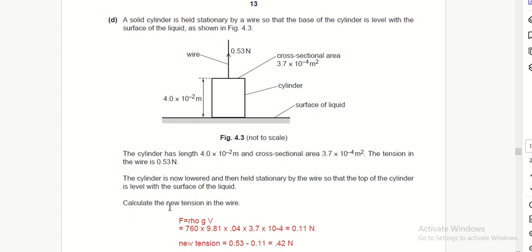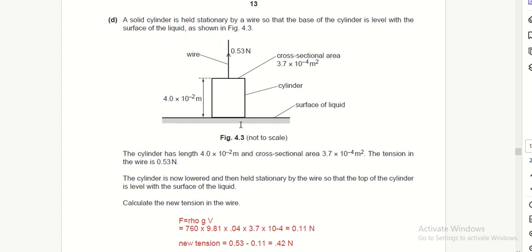Here is a cylinder tied by a rope, and we make its bottom just touch the liquid surface. We have the cross-sectional area of the cylinder, the length of the cylinder, and the tension in the rope. Calculate the new tension.